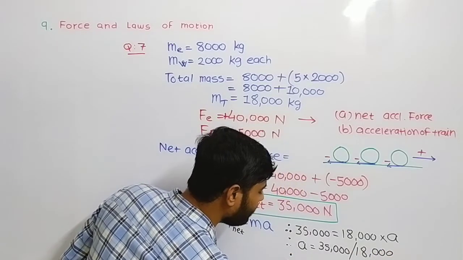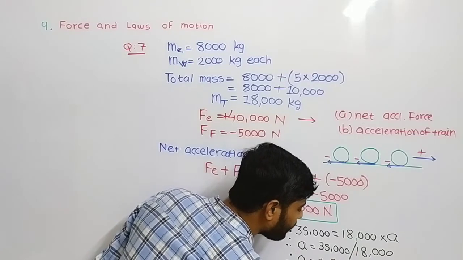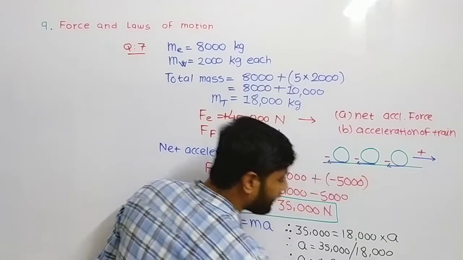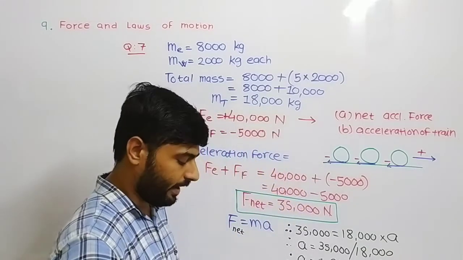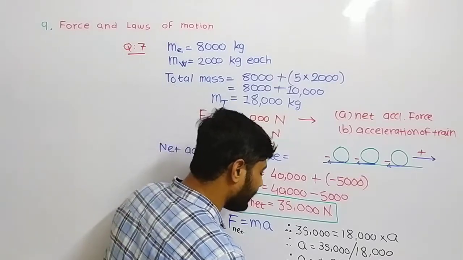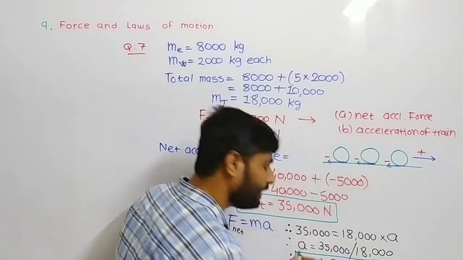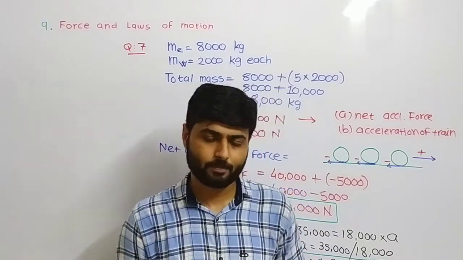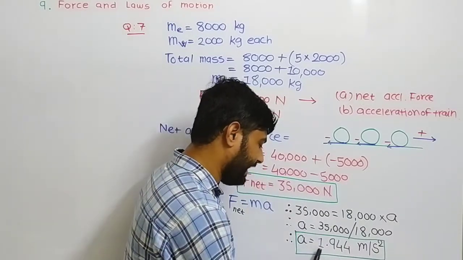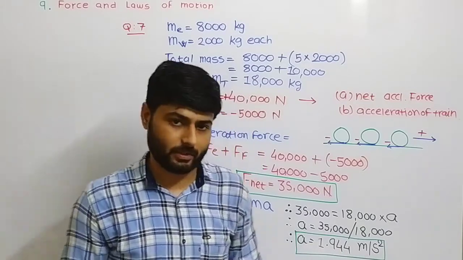So we will have a equal to 1.944 meter per second square. So I have the net acceleration as a equal to 1.944 meter per second square.